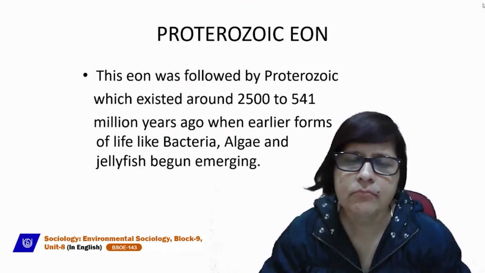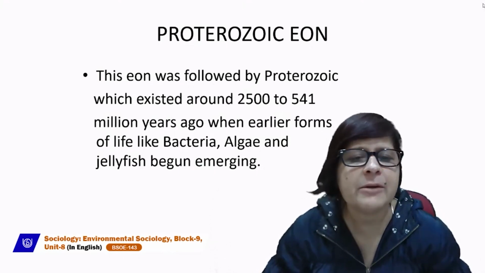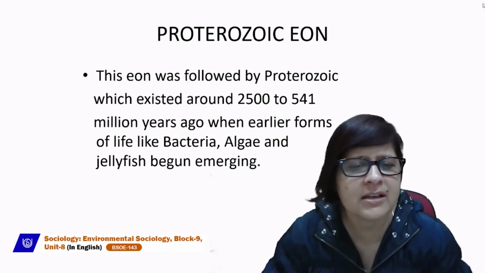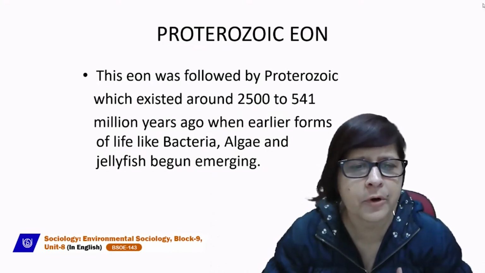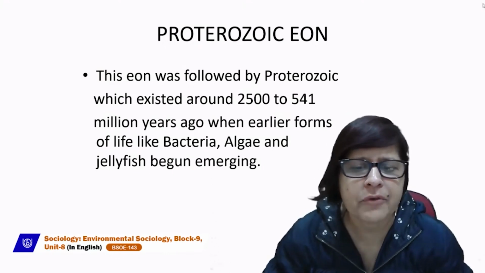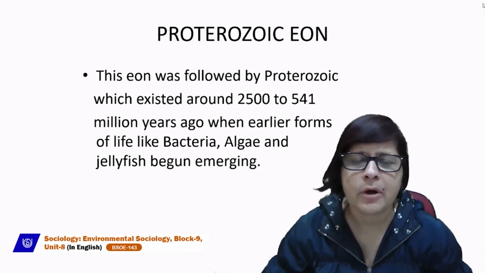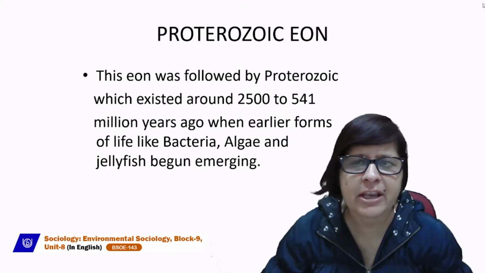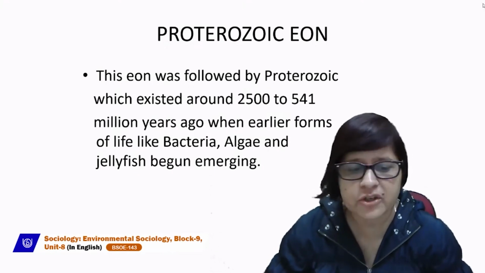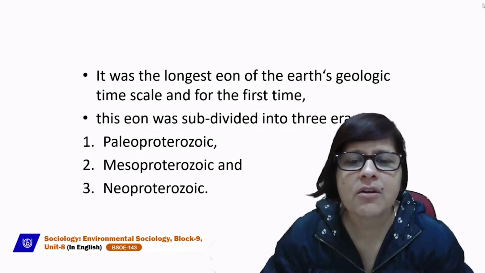In the previous period, single-celled microorganisms and bacteria were there, but in the Proterozoic eon, earlier forms of life like bacteria, algae, and jellyfish began to emerge.